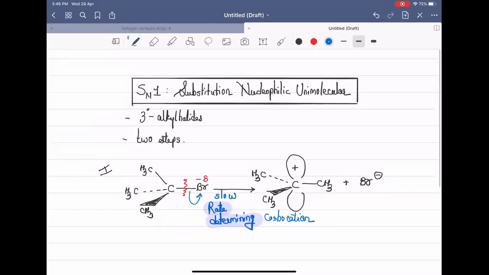So now you have to know one thing, that I may put in a few things like the order of reactivity, because this is the slowest step, right? And in the slowest step, carbocation is an intermediate. So any alkyl halide which forms a very stable carbocation can undergo this reaction very easily. So we have tertiary greater than secondary greater than primary. This is the reactivity.